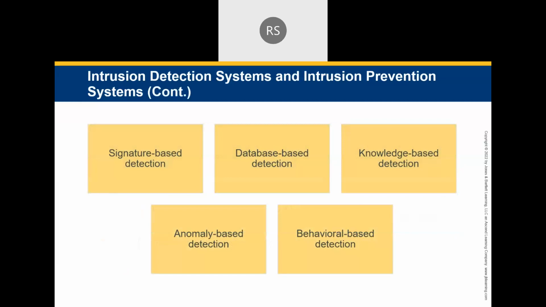So it detects the unusual patterns or activities, and those may indicate a security incident. Finally, the behavioral-based detection analyzes the behavior of users, the systems, and network entities to identify any anomalies. So it focuses on the deviation of expected behavior, and it looks for signs of compromise.